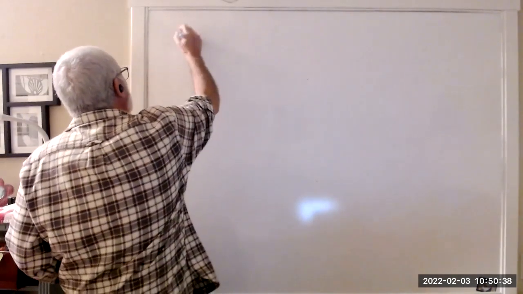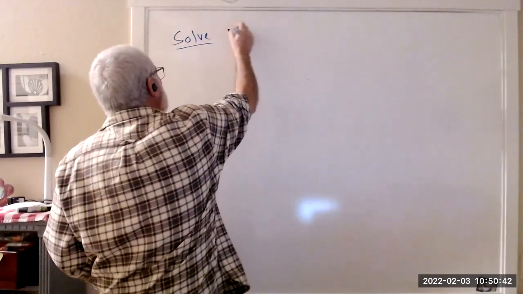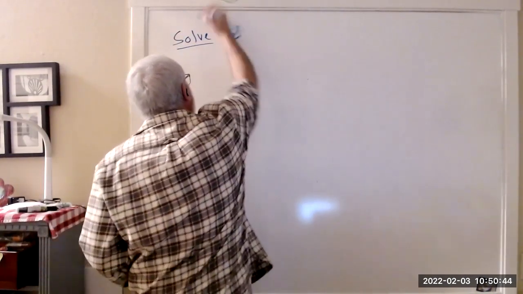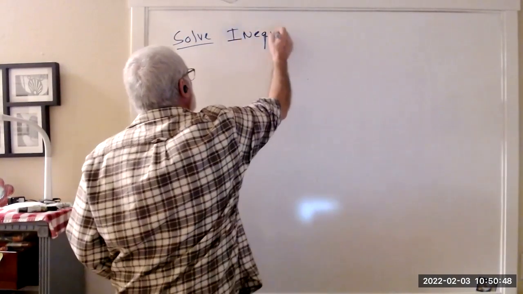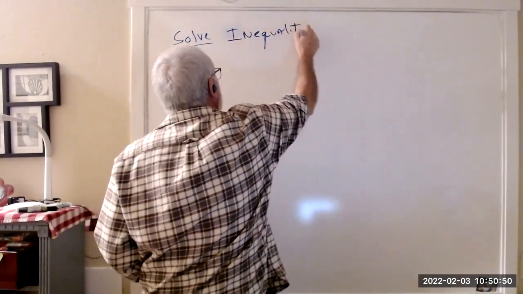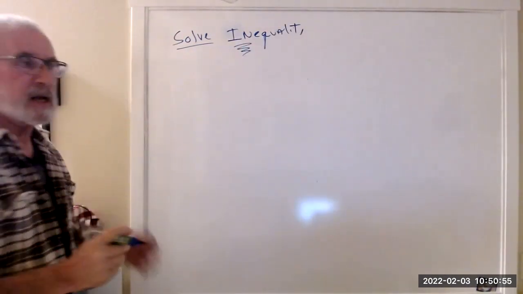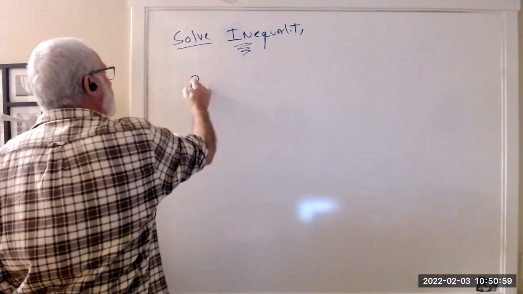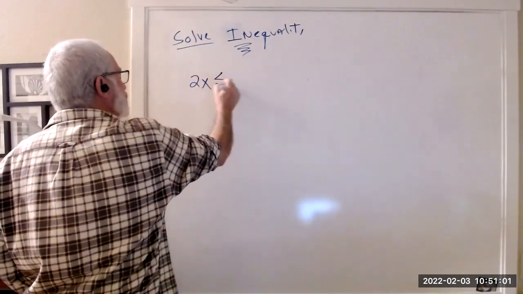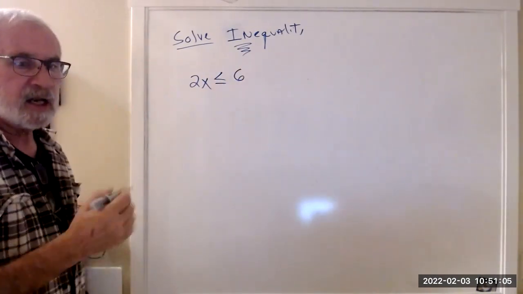When you're solving an equation, or I'm going to say an inequality, emphasis on the "in," meaning a not equality. Now, that looks something like 2x is less than or equal to 6. That's called an inequality.